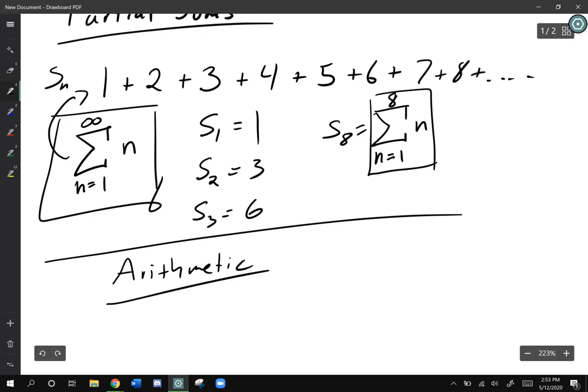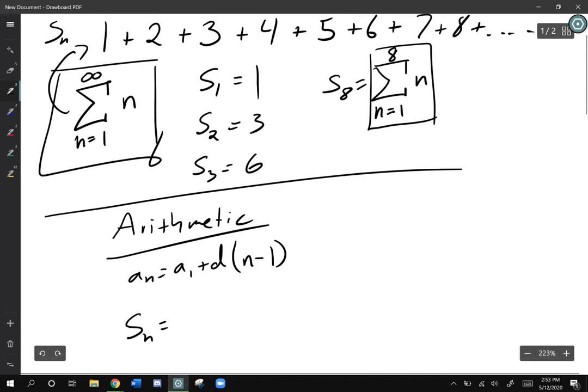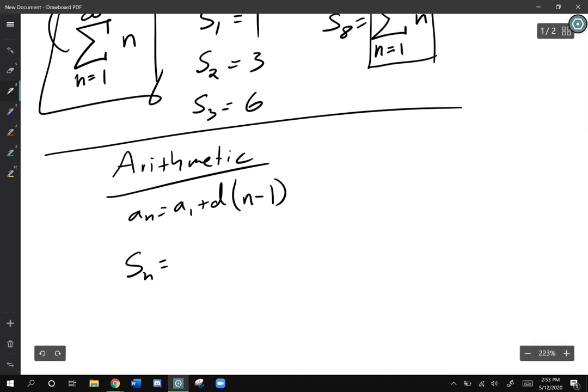For arithmetic, a sub n is equal to a sub 1 plus d times n minus 1. And then S sub n, the sum of a finite arithmetic series, which this is now finite because I'm doing the partial sum up to 8, is going to be n over 2 times a sub 1 plus a sub n.